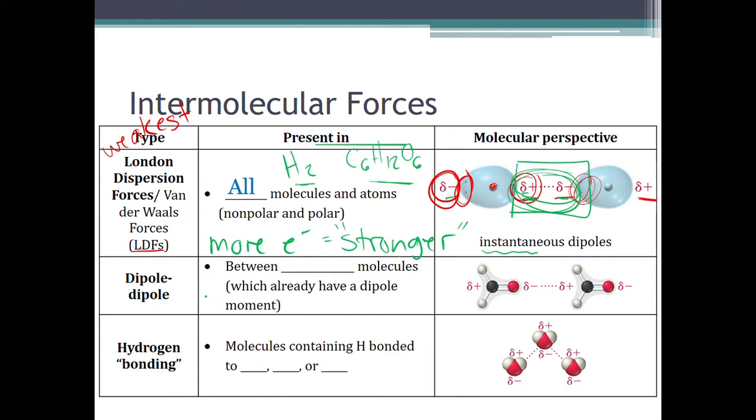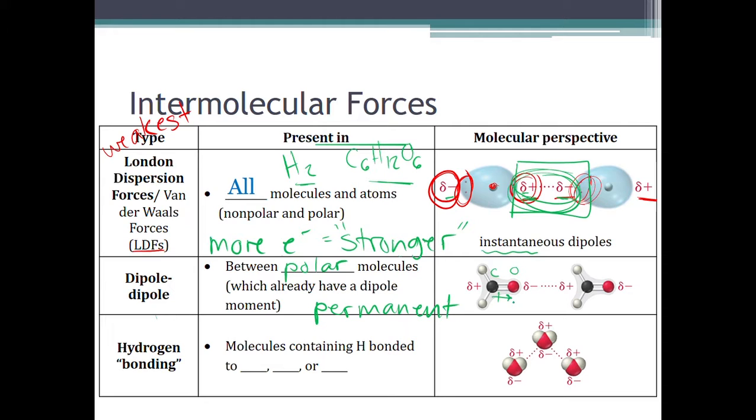Your sort of middle ground IMF, your medium strength, is dipole-dipole. This is between polar molecules. It's pretty much the same thing as your dispersion forces, but it's between permanent dipoles. It's between dipoles that already existed as a result of polar bonds, not something that has to wait for electrons to move correctly. So for example, this is like our formaldehyde molecule. This is like a carbon here and an oxygen here.